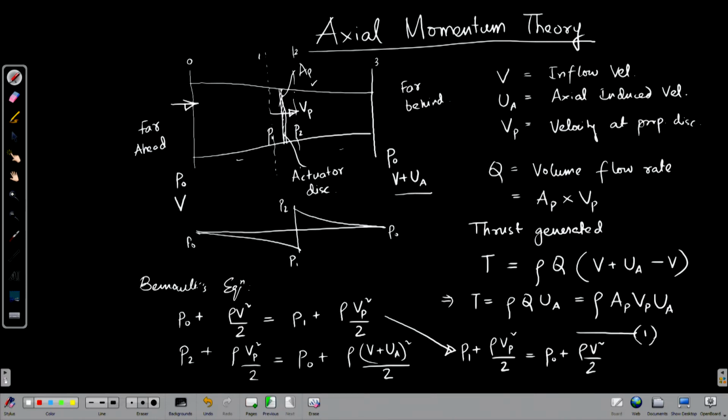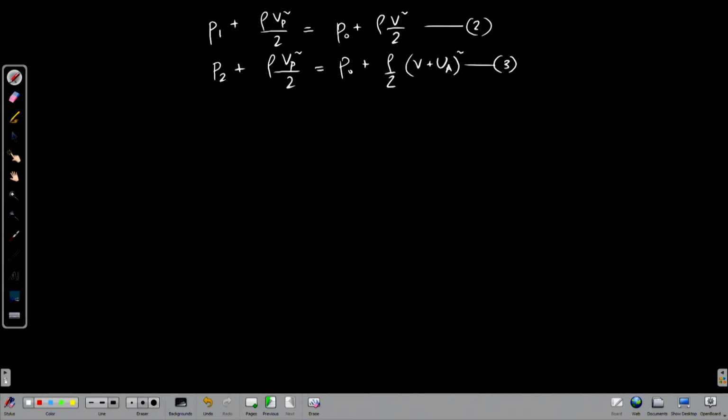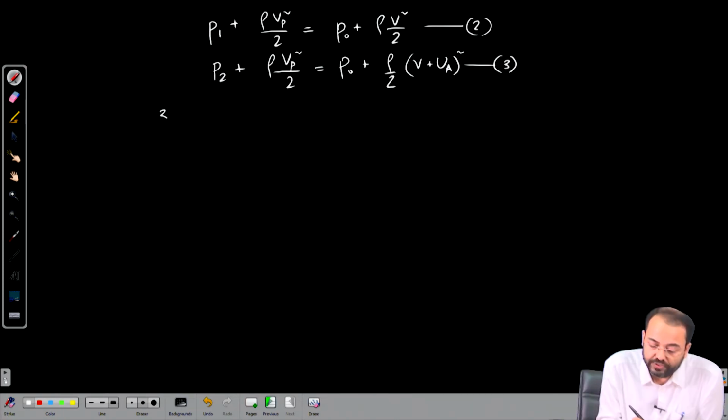If we name this 2 and this 3, then on the left hand side we have P1 plus this term, and we have P2 here, and on the right hand side we have P0 and the velocity terms squared with rho.